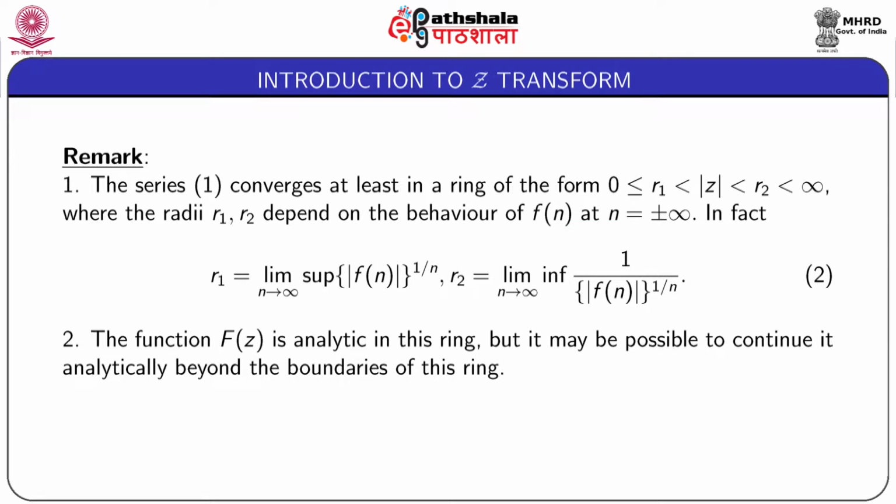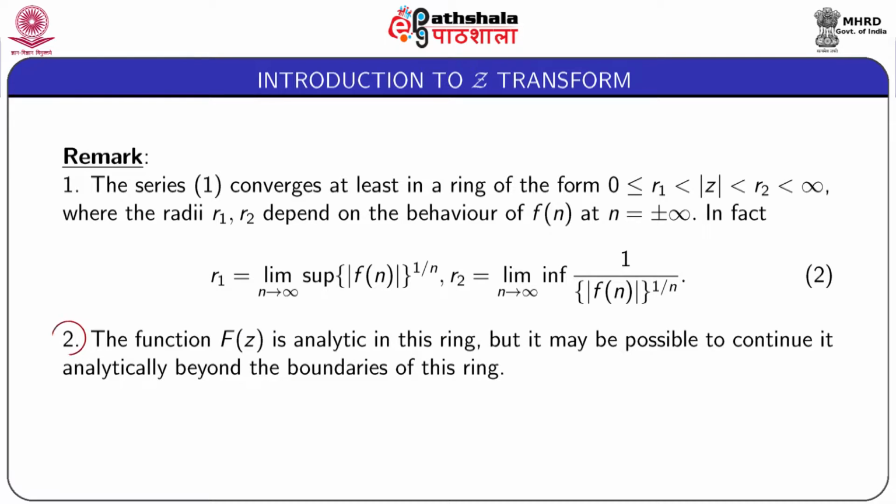In fact, R1 is the limit as n tends to infinity of the supremum of mod f(n) to the power 1 by n, and R2 is the limit as n tends to infinity of the infimum of 1 by mod f(n) to the power 1 by n, as given in equation 2.